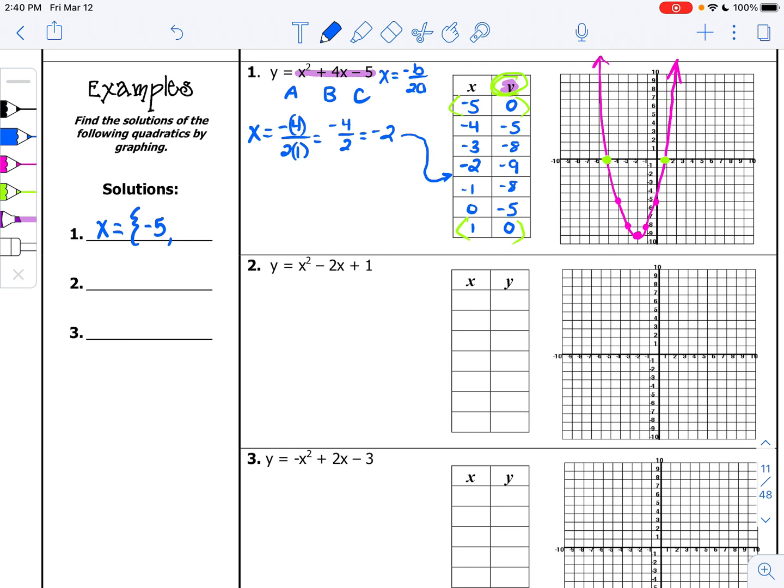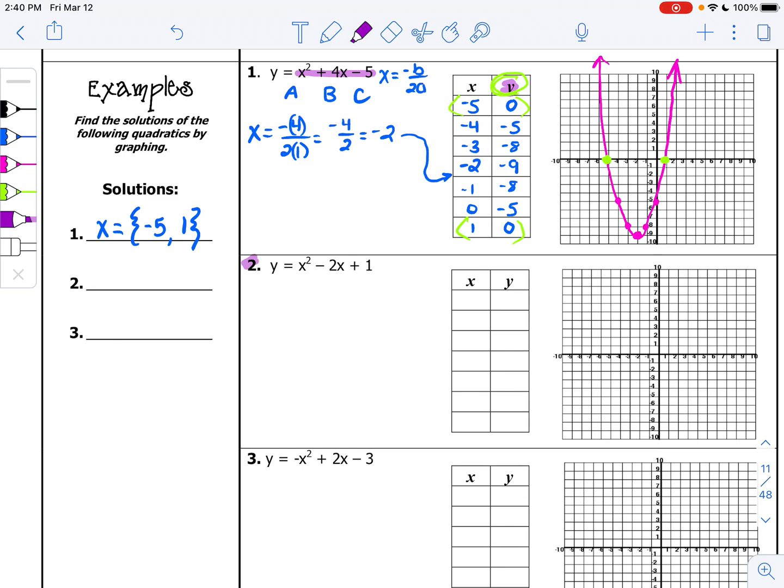And then my second point is 1, 0, and we're only going to use the 1. So what this is saying is that our parabola crosses the x-axis at -5 and at 1. So I know that this parabola has two solutions, two roots.